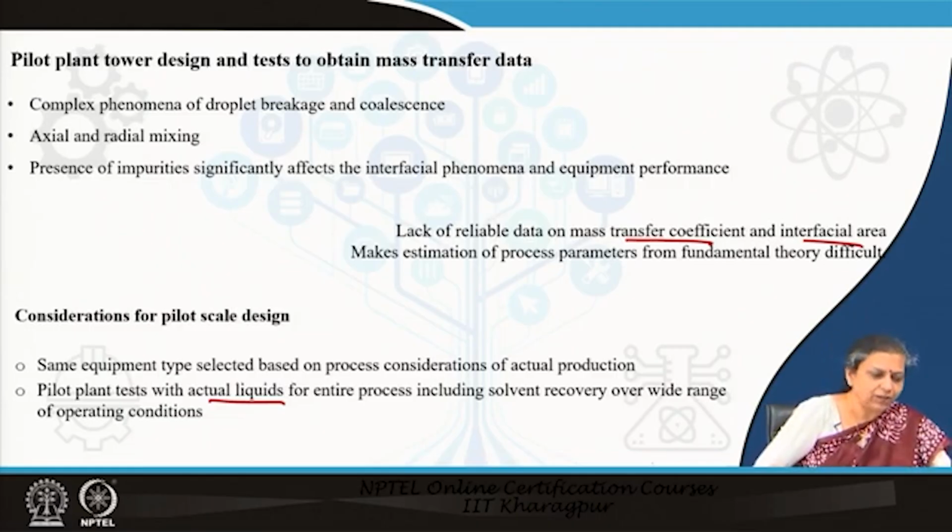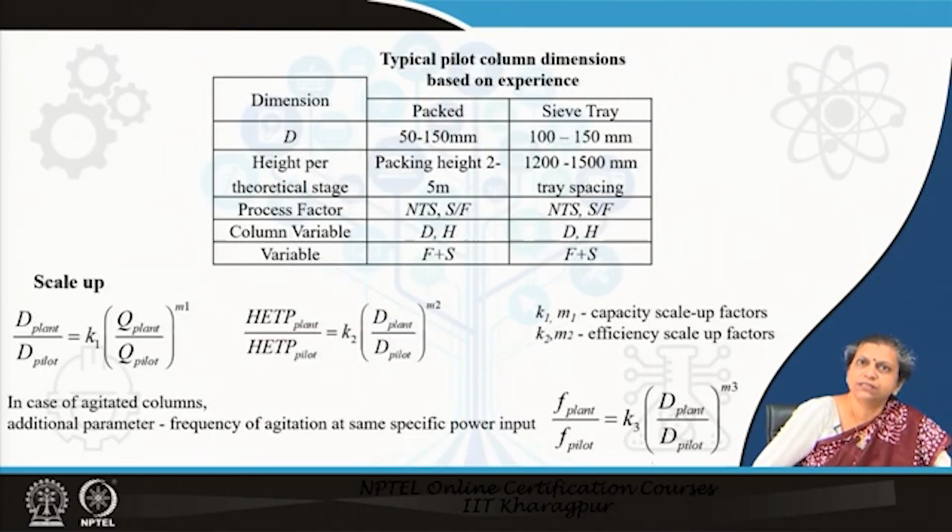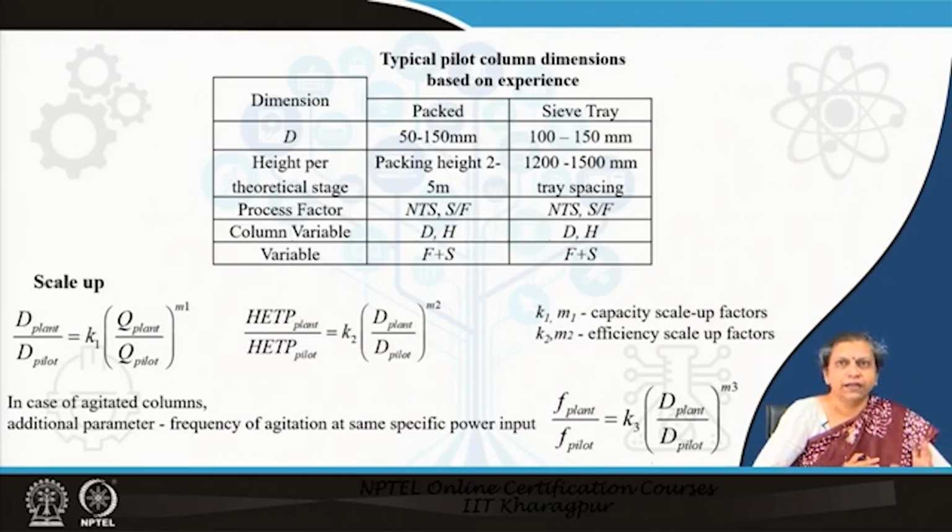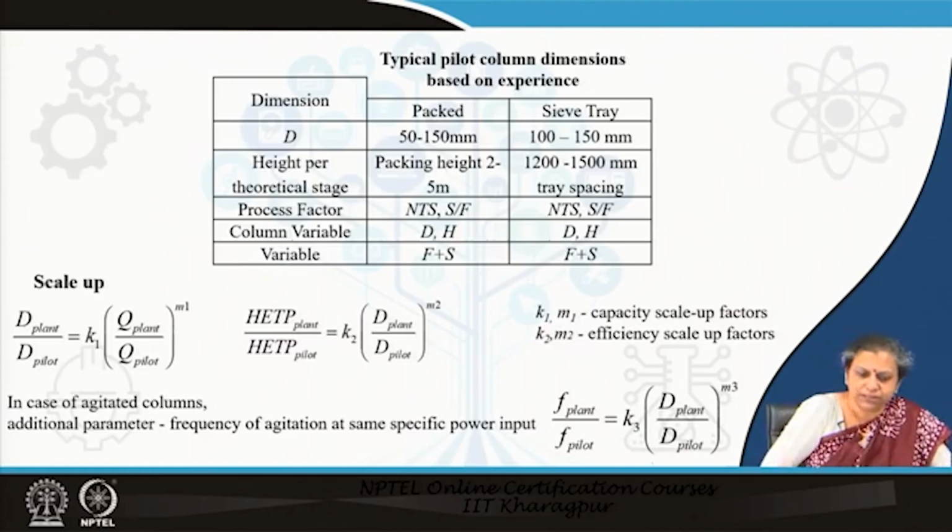Now, once the pilot plant tests have been conducted, you have obtained the data. Next, you need to have some particular scale up laws on the basis of which you are supposed to scale up the pilot plant data to the actual plant conditions. We assume that the mass transfer characteristics are the same in the pilot plant as well as in the actual plant.